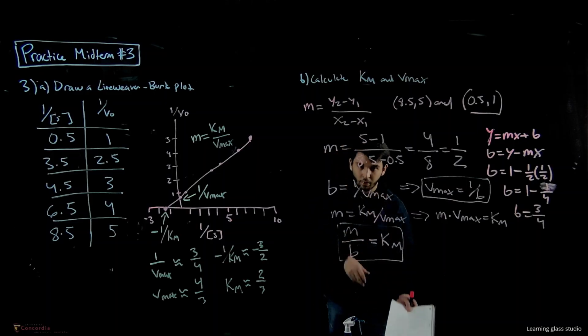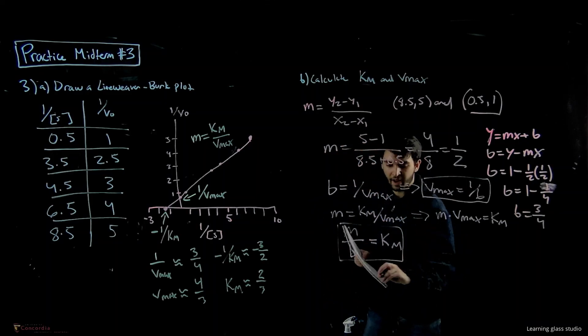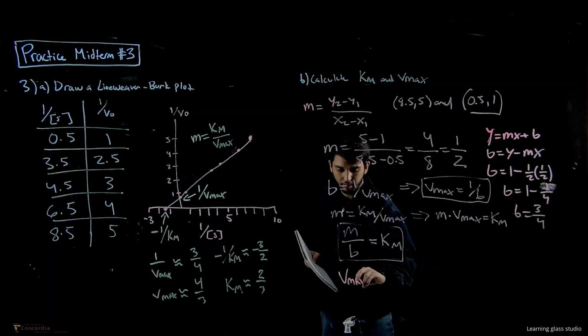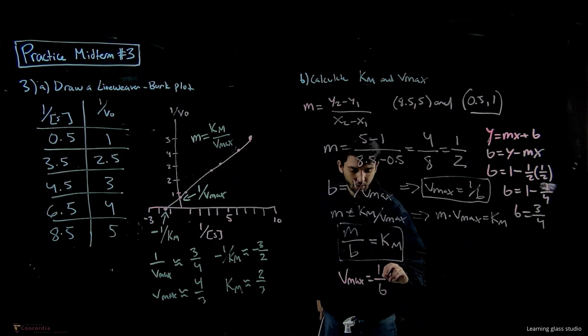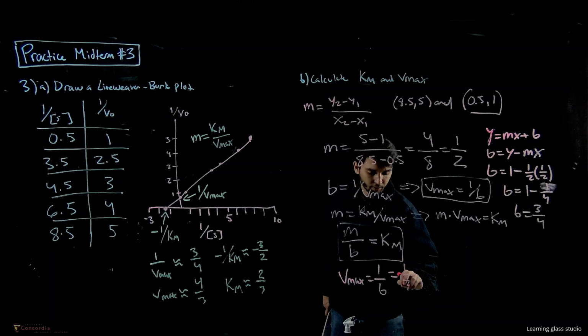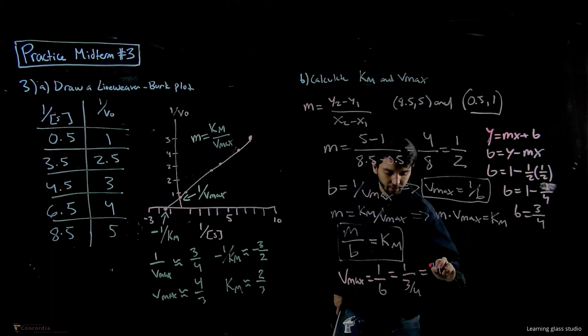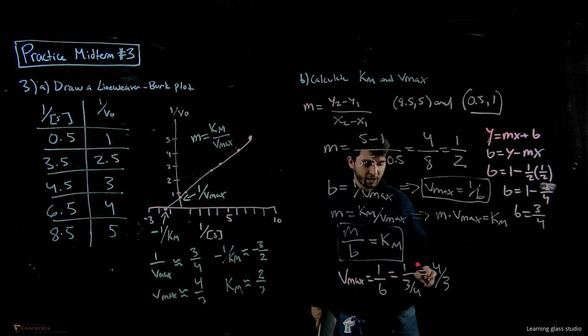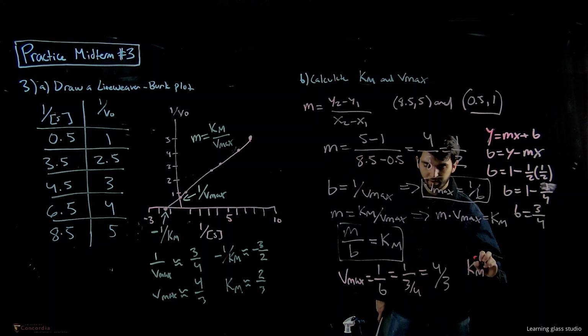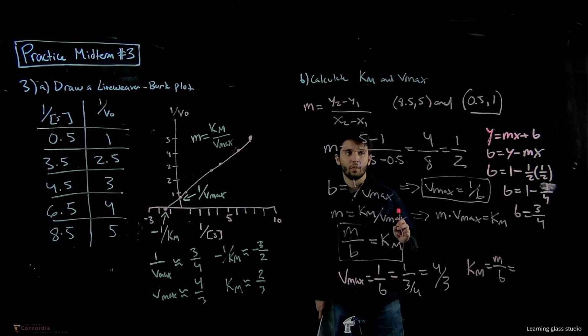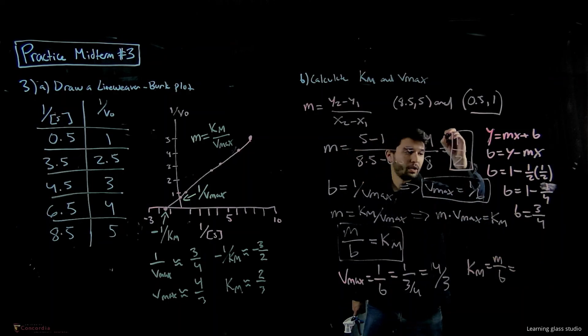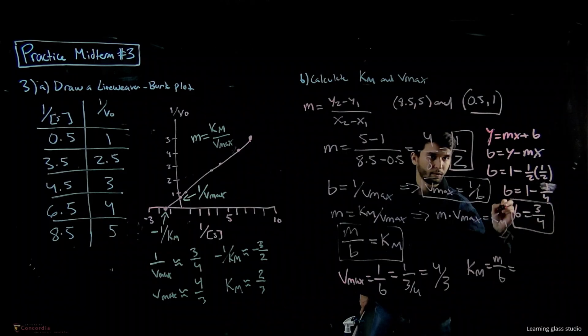So we know now Vmax is equal to 1 over B, which is equal to 1 over 3/4, which is equal to 4/3. And we know Km is equal to m over B, which is our slope that we found here, so 1/2, and we know B is equal to 3 over 4.